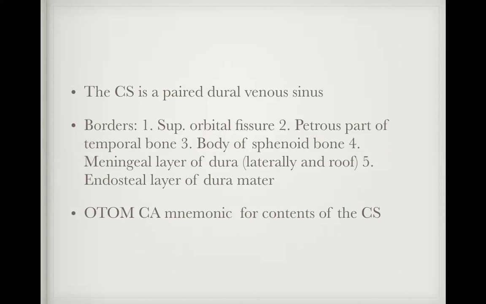Posteriorly, we have the petrous part of the temporal bone. Medially, of course, is the body of the sphenoid bone. The roof and the lateral edge of the cavernous sinus are covered by the meningeal layer of dura, and the floor is the endosteal layer of dura mater.